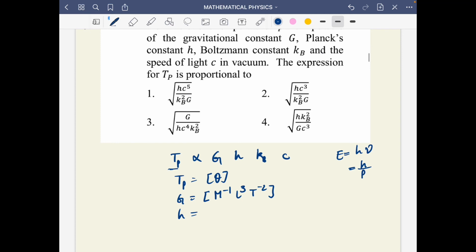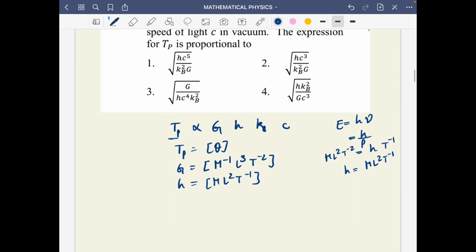E has the unit of M L square T to the power minus 2, and nu has T to the power minus 1. So this will become M L square T to the power minus 1. So this is the unit of Planck's constant, right?